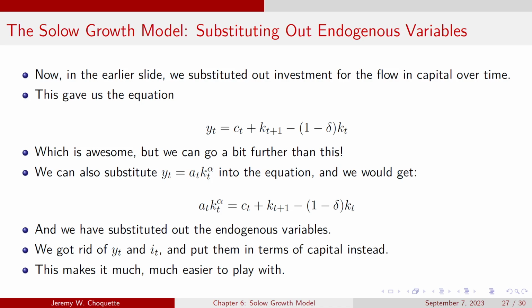Now what I've done here is I've substituted out a lot of endogenous variables. I got rid of Y, output, and I got rid of investment, I. Now they're still in the equation technically, it's just I've substituted what they're equal to into that equation.